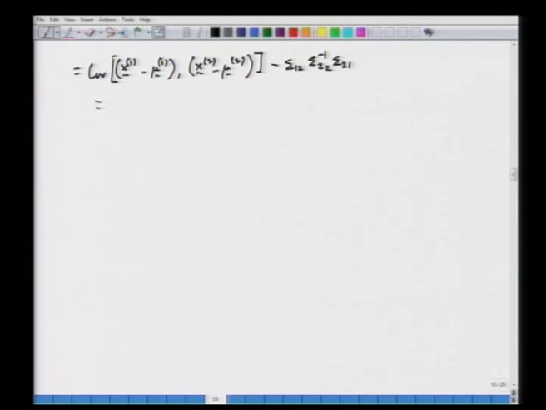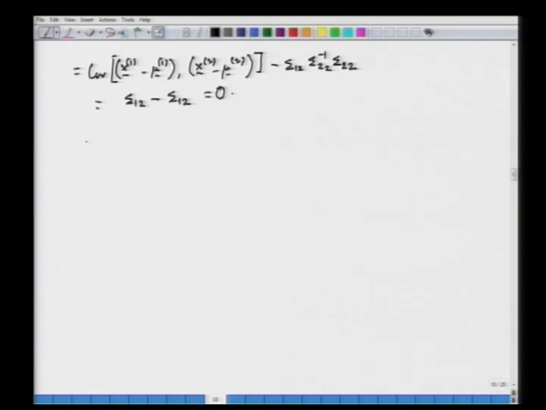So, this first part is giving me Sigma_12, and hence I have Sigma_12 minus Sigma_12 giving me a null matrix.